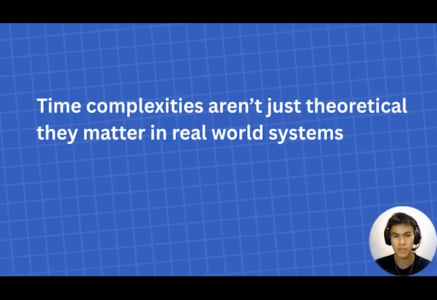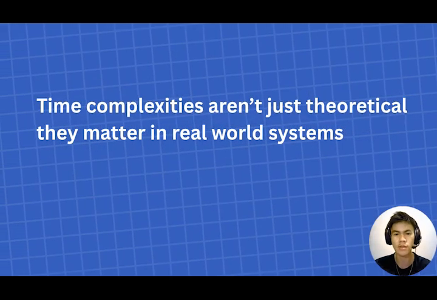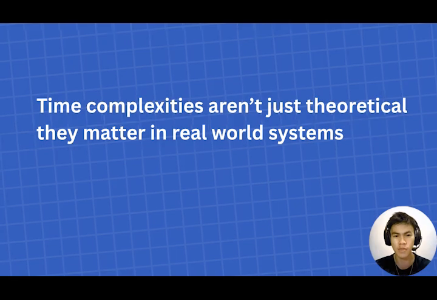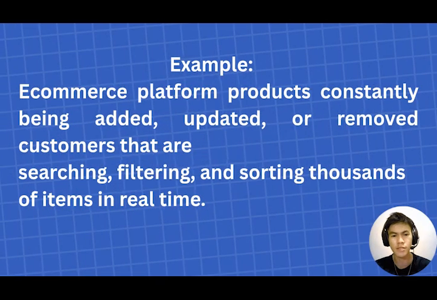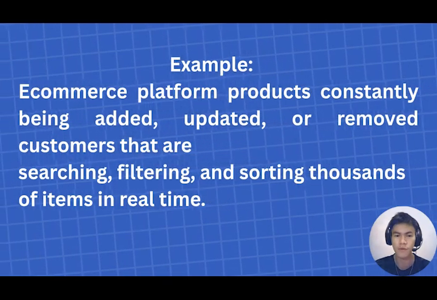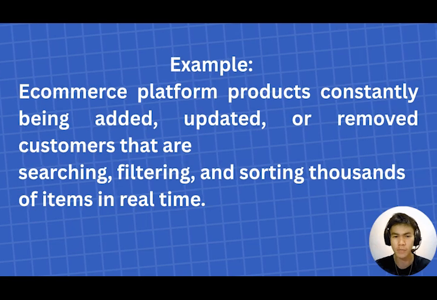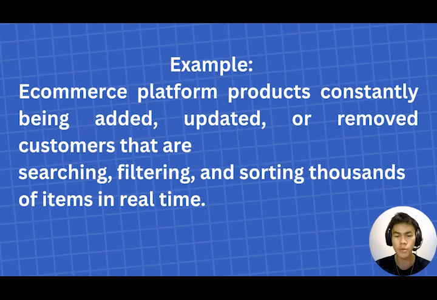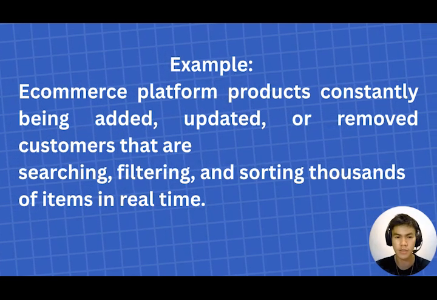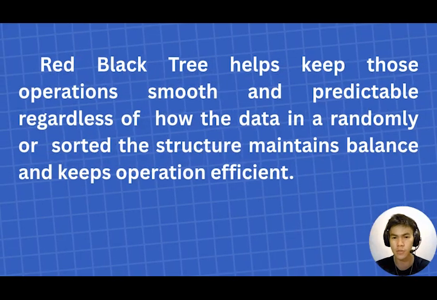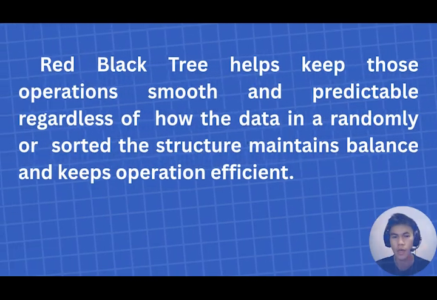These time complexities aren't just theoretical, they matter in real-world systems. Take, for example, an e-commerce platform. Products are constantly being added, updated, or removed. Customers are searching, filtering, and sorting thousands of items in real time. You can't afford performance drops when the product catalog grows or changes rapidly.